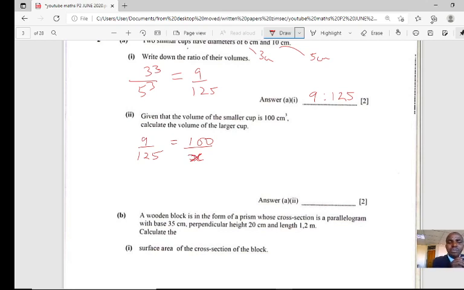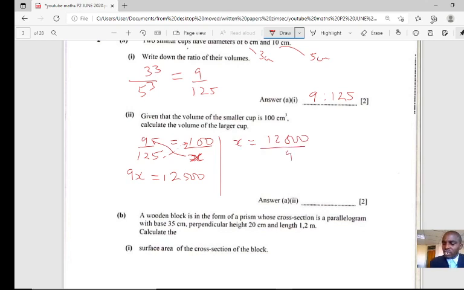Then you cross multiply. It will be 9x is equal to 12,500. Cross multiplication is like x will multiply this 9 here, then this 125 will multiply this 100 here. Then we divide by 9. It will be x is equal to 12,500 over 9.